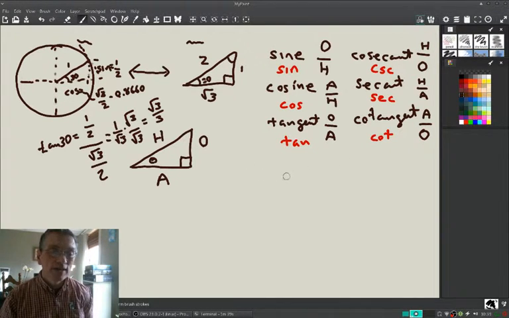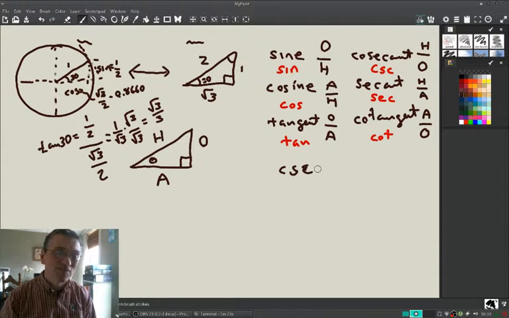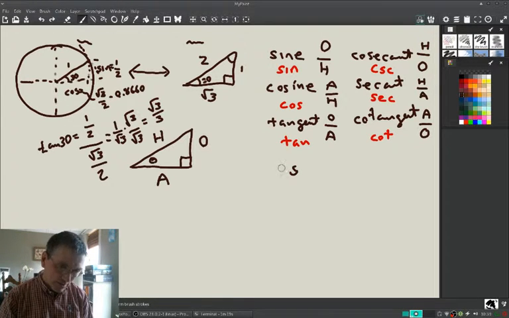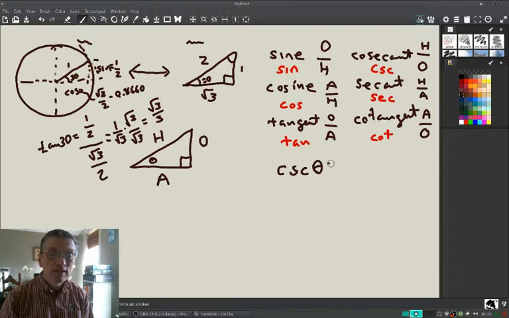So another way to write that, well, let's write it the other way. Cosecant, which I'll write the most difficult way possible. Cosecant theta equals 1 over sine of theta.